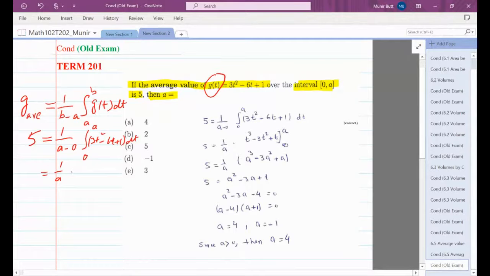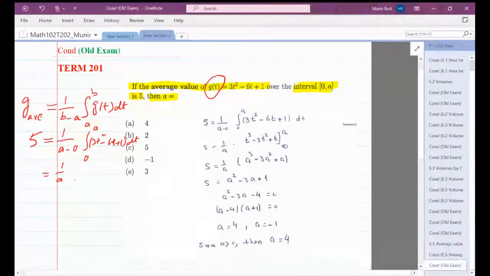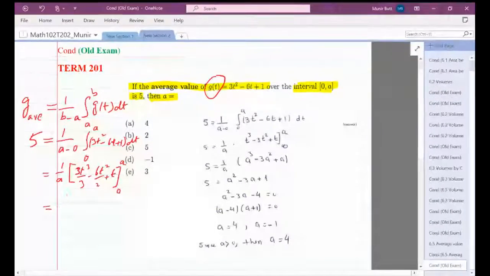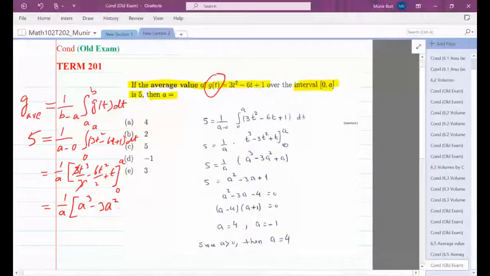So this value 5 is given, and we are left with 3t to the power 3 over 3 minus 6t square over 2 plus t, from 0 to a, and you can write 1 over a. This 3 is cancelled out. So a to the power 3 minus 3a square plus a, the rest is 0.